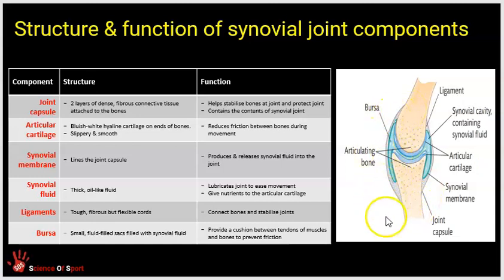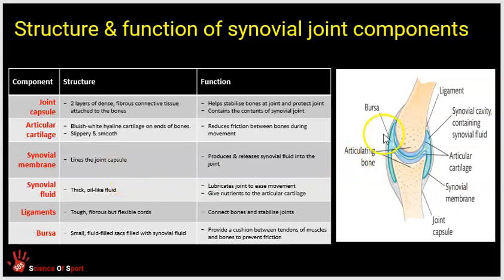Inside the articular capsule, the joint capsule, is a layer of membrane, and this is called synovial membrane. See, there's the label. It's the very dark line there. Synovial membrane basically lines the capsule and produces synovial fluid. So it's got a really important role of producing synovial fluid.